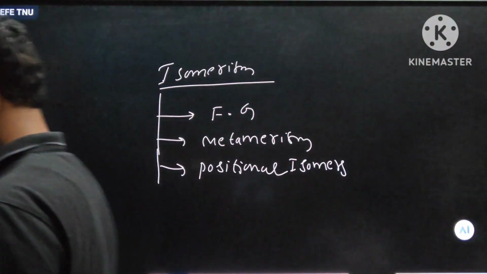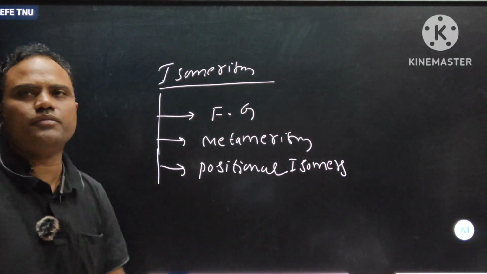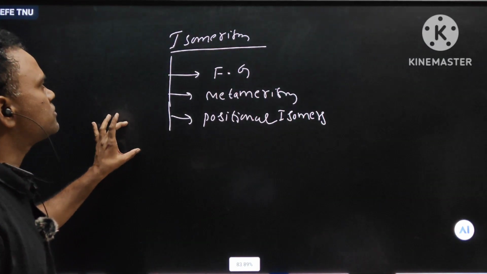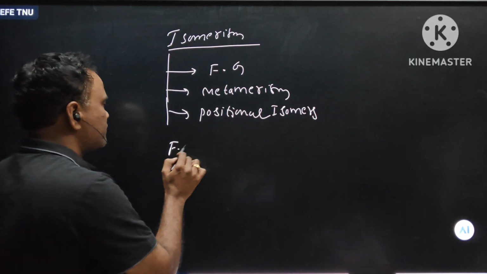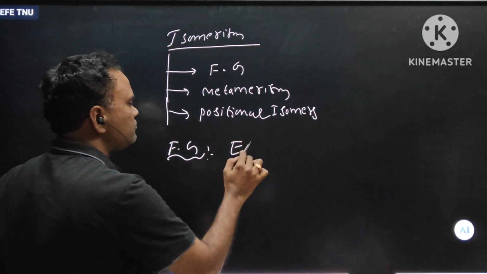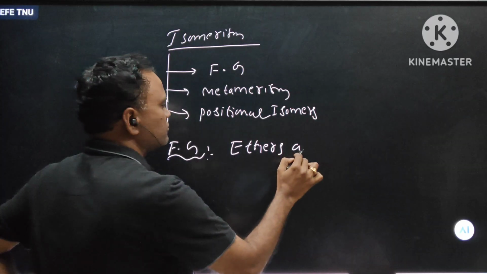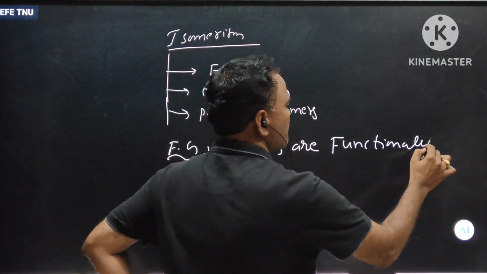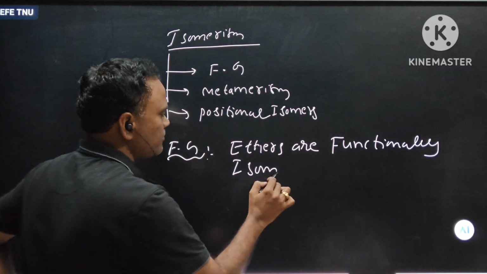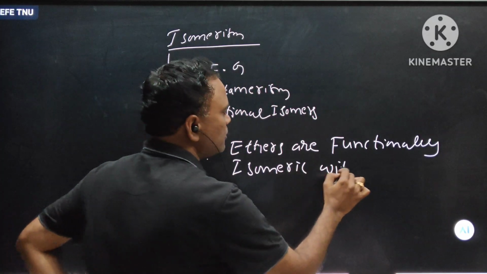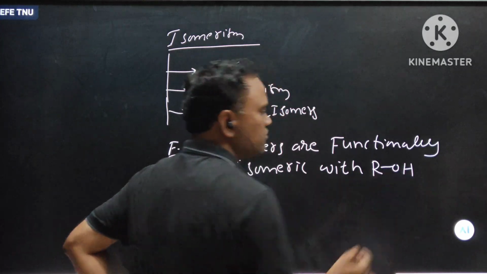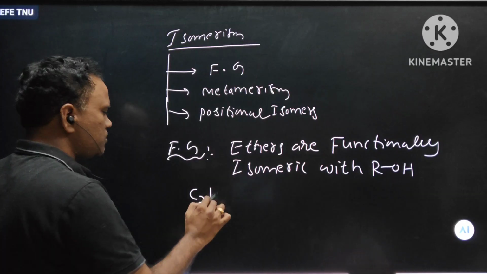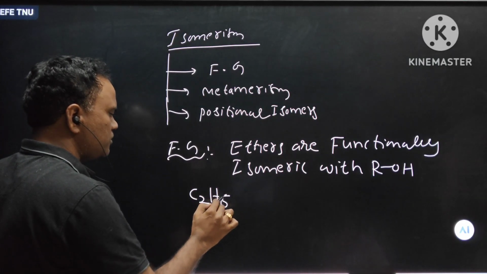First, functional group isomerism. Ethers are functionally isomeric with alcohols. One example, C2H6O.